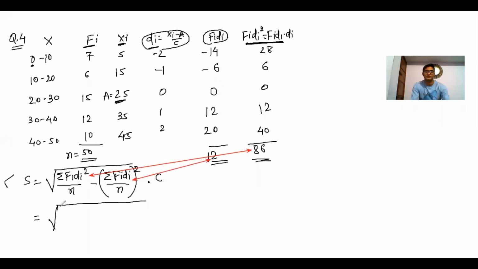Now fi di square means 86 divided by n, that is 50. Sigma fi di is 12, divided by 50, whole square. Now multiplied by c, the class interval value, that is 10.